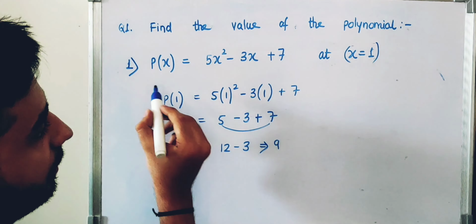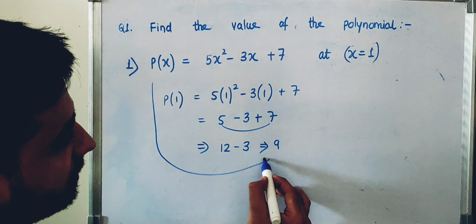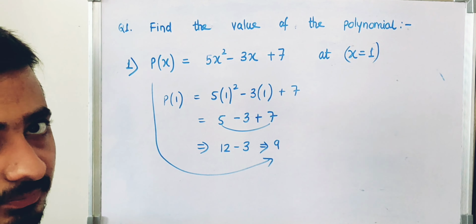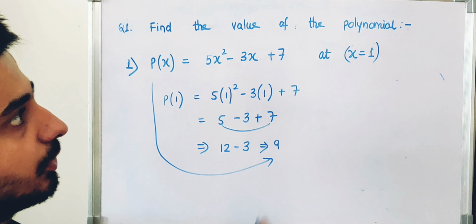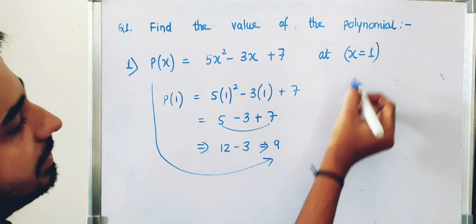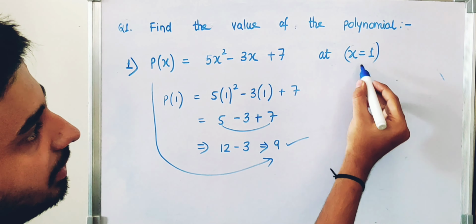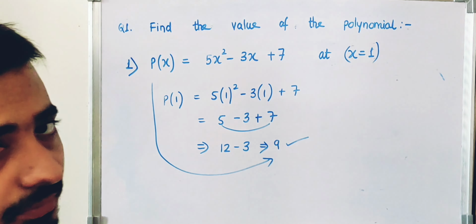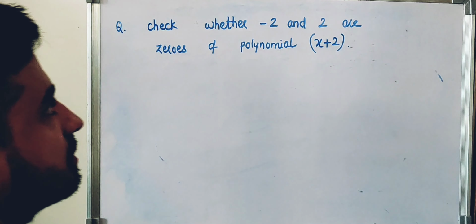So the value of this polynomial is 9 when x equals 1. Clear? Now the next question.